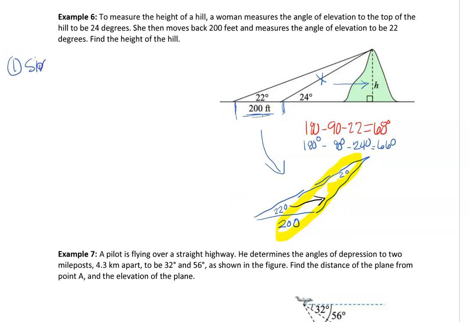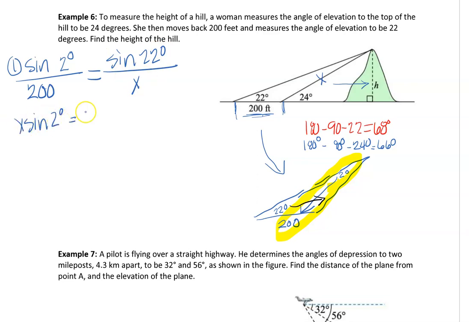So first I'm going to say sine of 2 degrees, remember this is opposite of my angle, over 200 is equal to sine of 22 degrees over, let's call it X. So that gives me X sine of 2 degrees equal to 200 sine of 22, divide by sine of 2, divide by sine of 2.